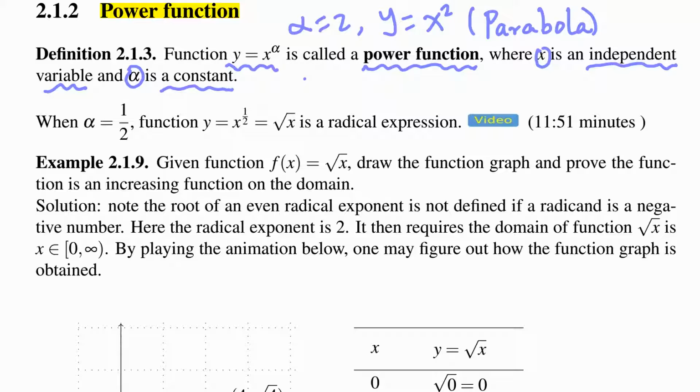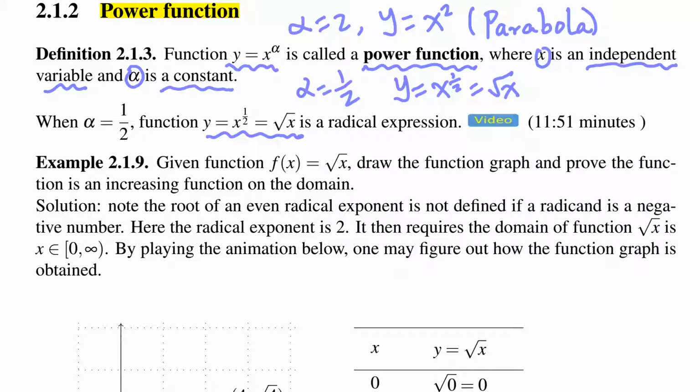Alpha can also be a different constant, for example, 1/2. Then y will be equal to x to the 1/2, which is radical x. So it's right here.